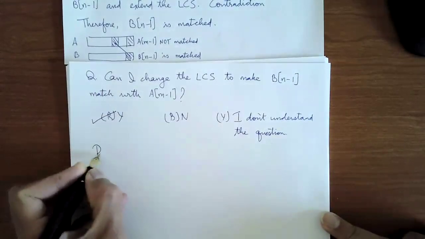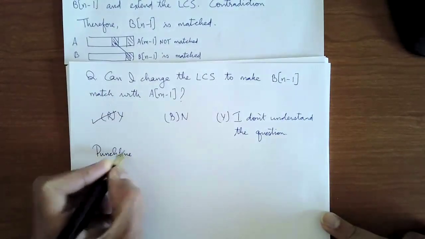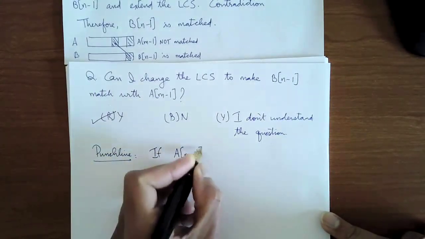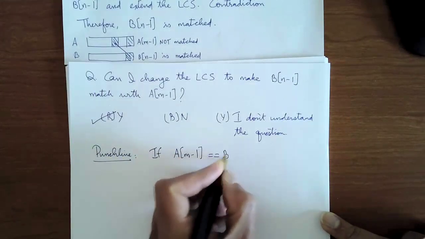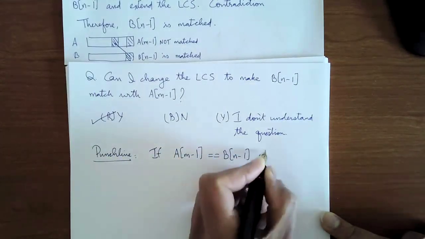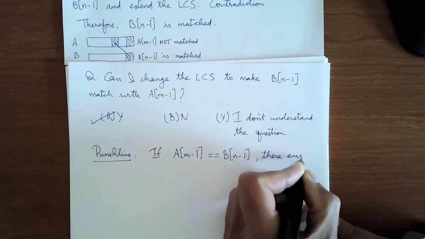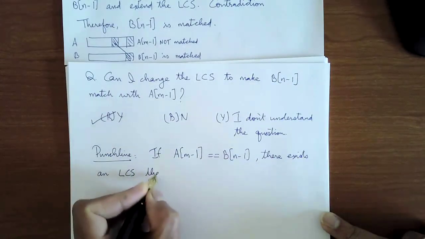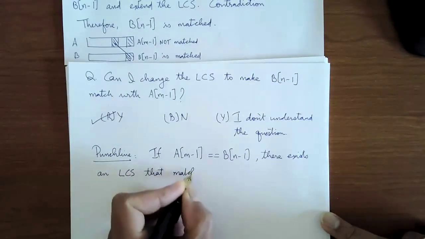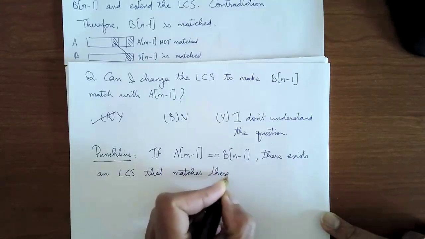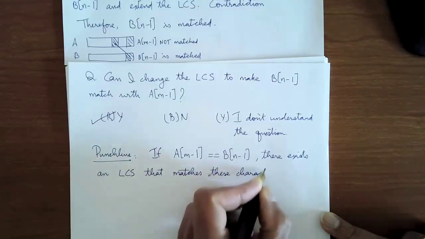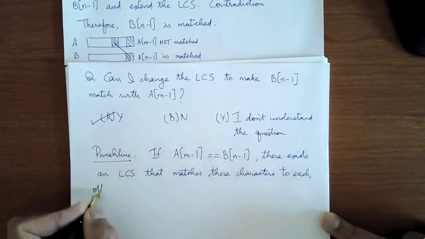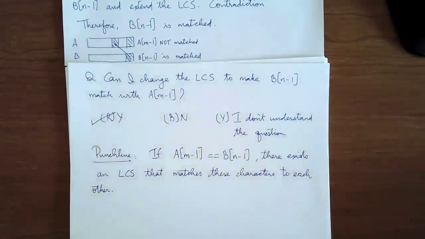The punchline is, if A[m-1] is the same as B[n-1], there exists an LCS that matches these characters to each other. Okay?